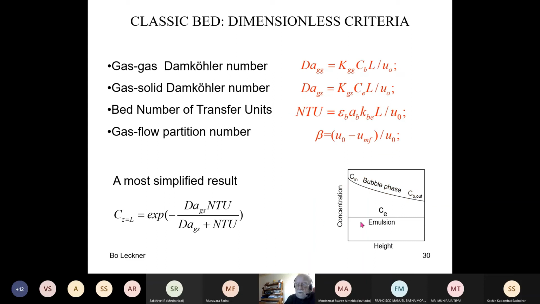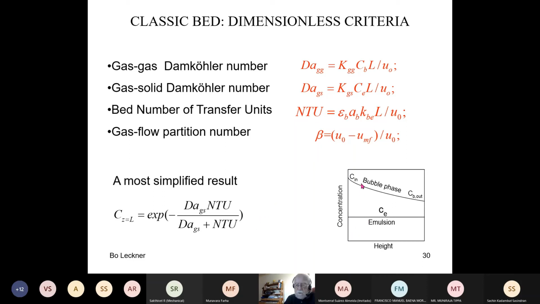If you see the process here, in the emulsion phase you have a certain concentration, this is height, this is concentration. Here you have a certain concentration in the emulsion phase, but it is in the bubble phase that reactions take place. So here it decreases from the inlet to the outlet situation, described by some final expression that you can get here, including both Damköhler and the number of transfer units.